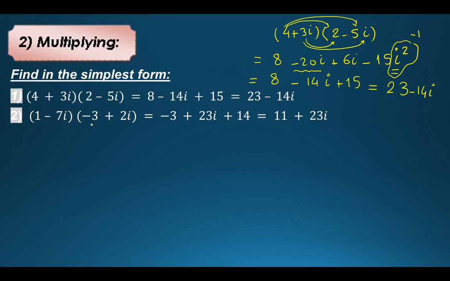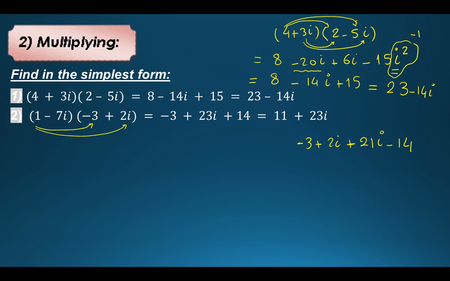So 1 multiplied by negative 3 is equal to negative 3, and 1 multiplied by 2i is equal to 2i. Negative 7i multiplied by negative 3 will be equal to 21i. And negative 7i multiplied by 2i is equal to negative 14.